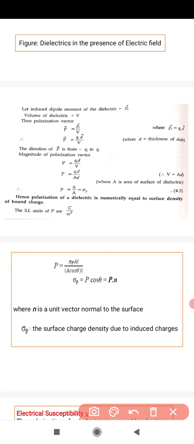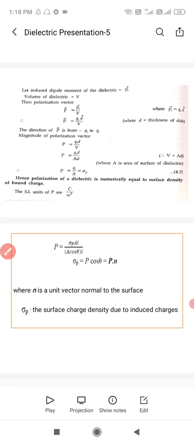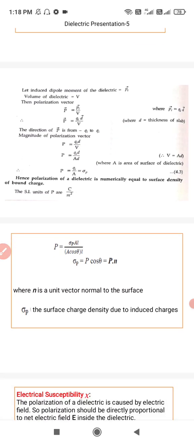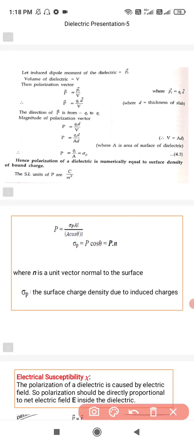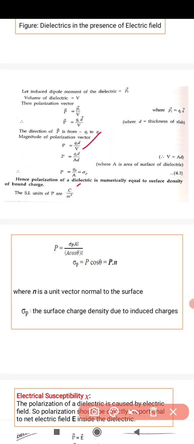Now P becomes Qi into d divided by A into d. Here d and d cancel. We get the polarization vector P equals Qi divided by A, that is, the induced charge divided by area.